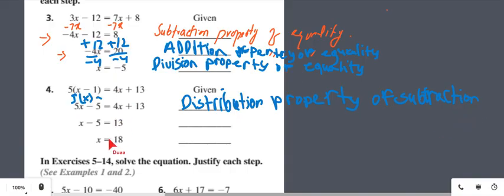Excellent. And what about the next step? They subtract 4x from both sides.